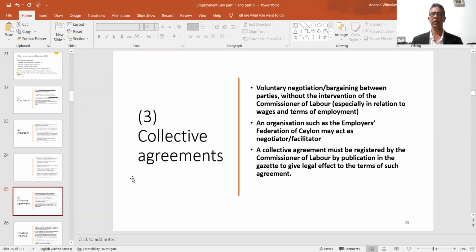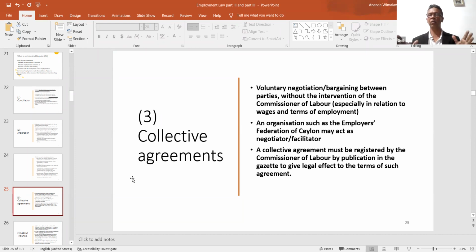This collective bargaining and collective agreement are voluntary processes. We have around 100 collective agreements so far in Sri Lanka in operation. The collective agreements have set out higher terms and conditions of employment, which give more benefits to the workers.